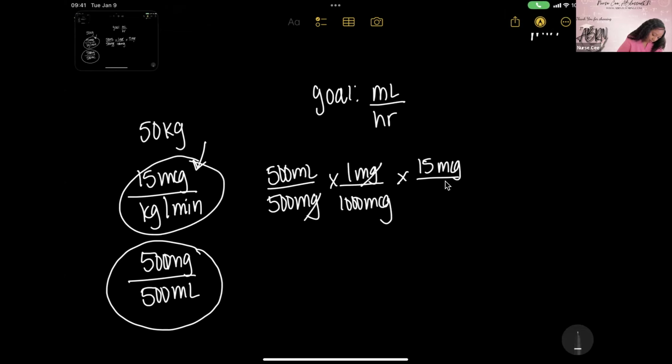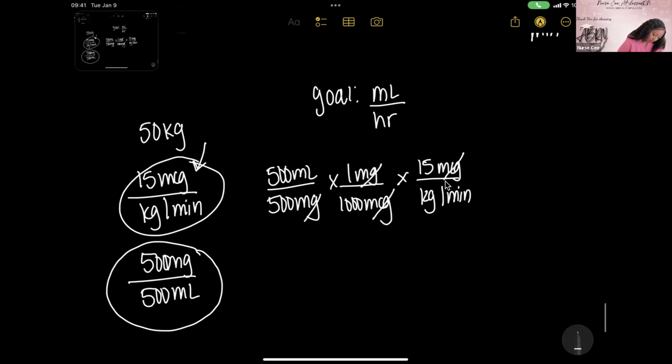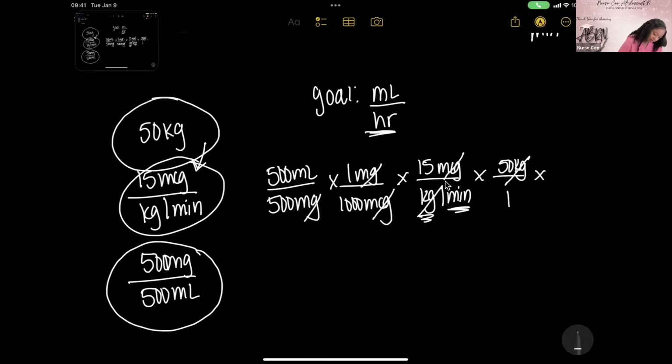15 micrograms per kilogram per minute, okay? And now I've got my weight, which is 50 kilograms. I've got kilograms at the bottom, right? So I can cross that out. You see, these puzzle pieces are lining up and they're fitting together. Everything on the top and the bottom has to cross out. And then I've got minutes. I need hours. So finally, I'll do 60 minutes over 1 hour.